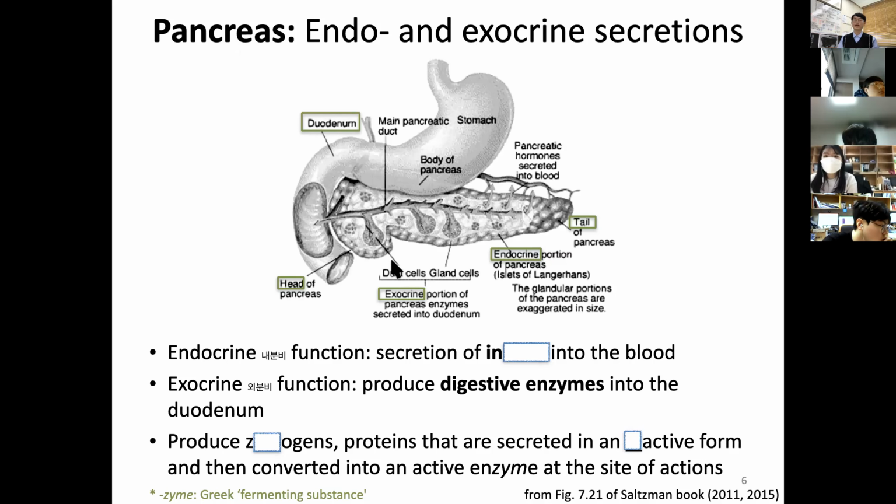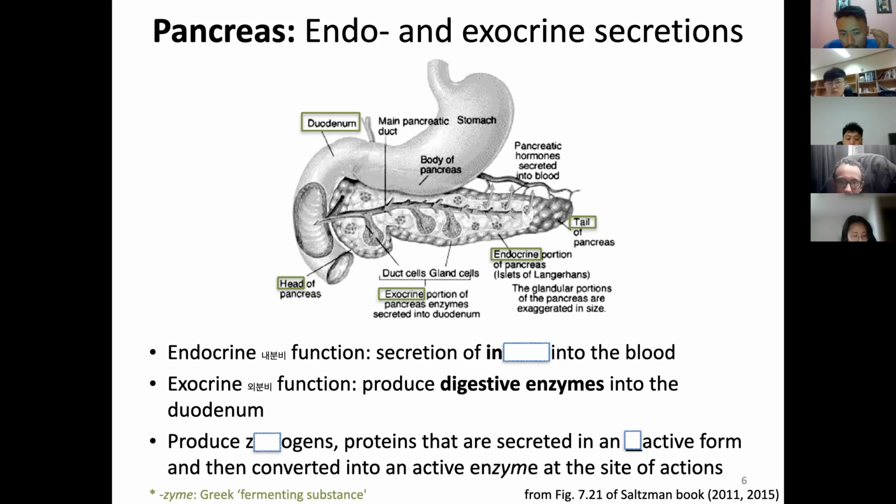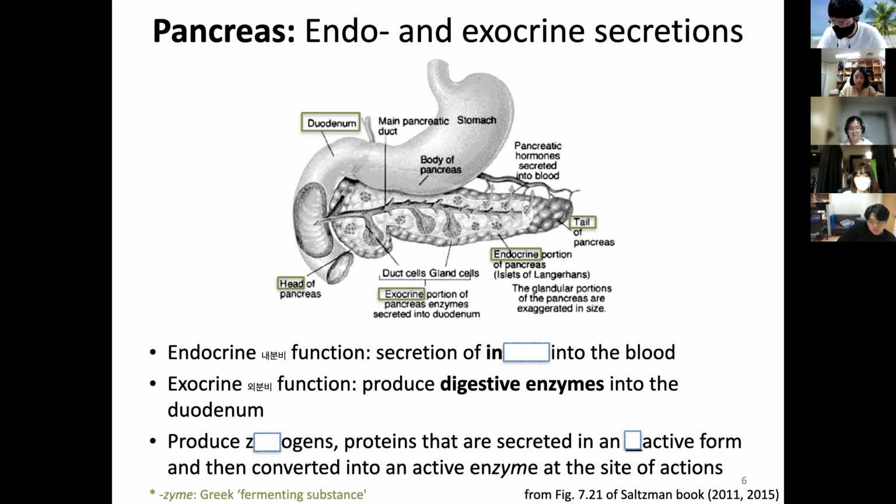So let's look at the pancreas anatomy first. The pancreas is surrounding or even attached to your stomach. It's very hard to identify at first because it's very smooth and hard to see. You can see it, but it has an anatomy, and I hope you have all gained the experience of actually touching and seeing the pancreas.